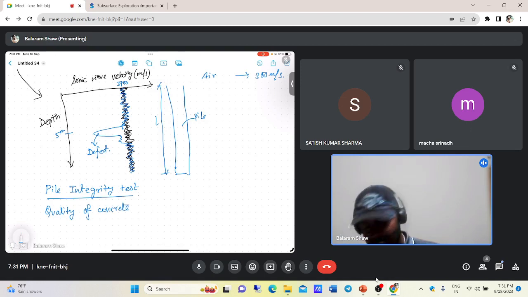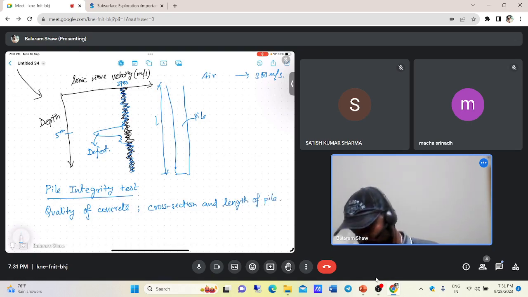Also, other than the quality of concrete, it is also done to know the cross section and length of the pile.